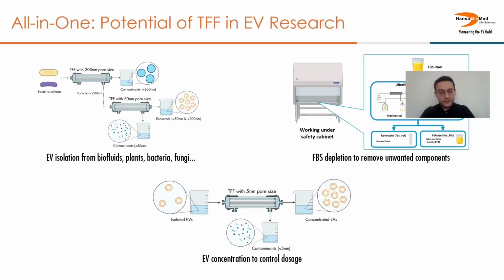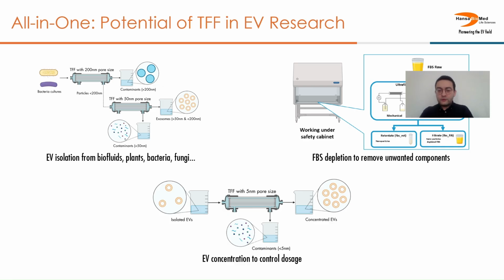On top left, for instance, you can see that two TFF cartridges with different pore sizes, namely one with 200 nanometer and one with 50 nanometer, can be coupled in series to isolate outer membrane vesicles from bacteria cultures, sizing between 50 to 200 nanometer. And you can apply this similar schematic to biofluids, plants, fungi, or whatever EV source you might want to target.